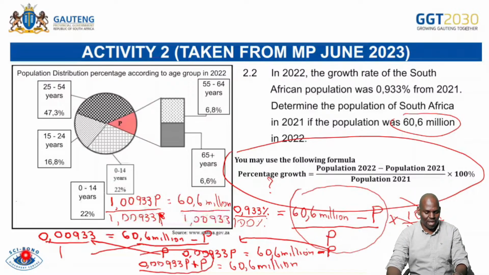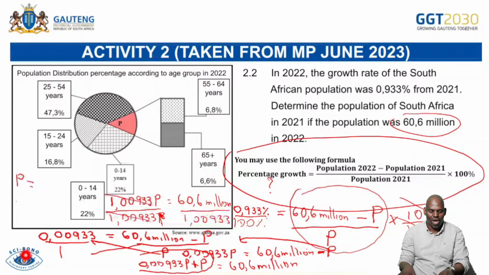The reason why I'm dividing by 1.00933 is because I want to remove this so that I can be left with P. Then from there, I'm going to say P equals, on the right hand side, 60.6 divided by 1.00933.